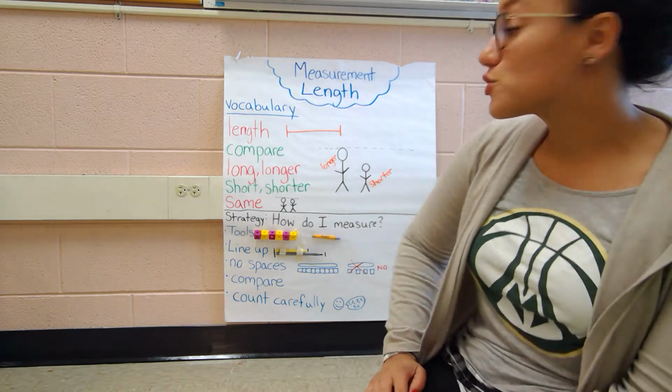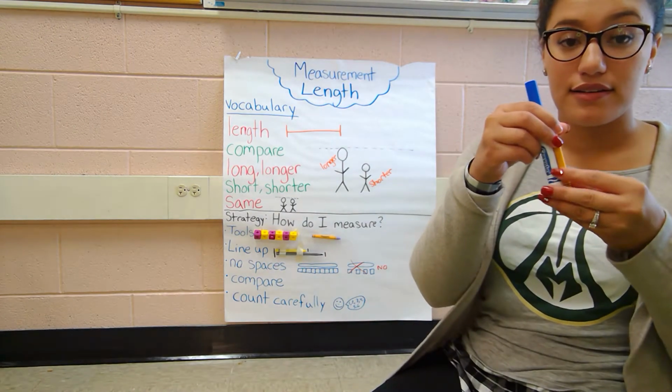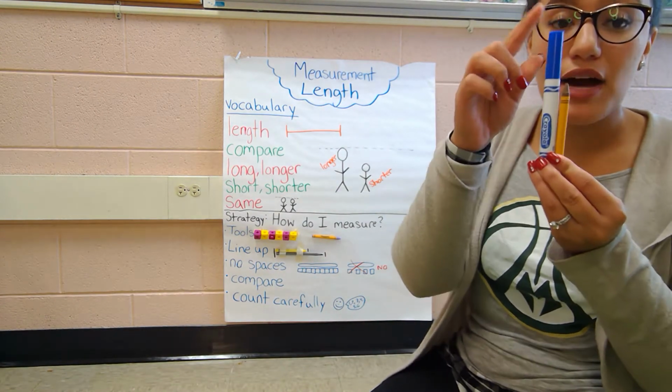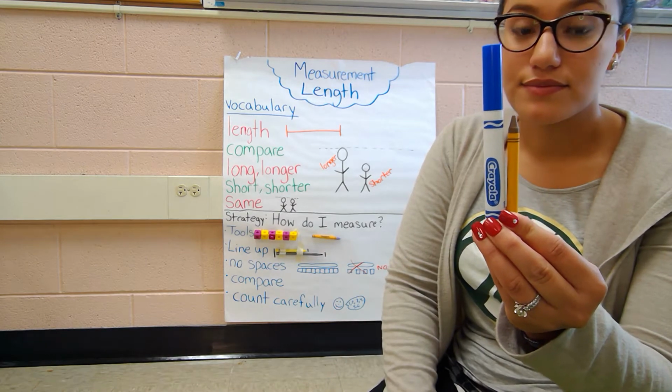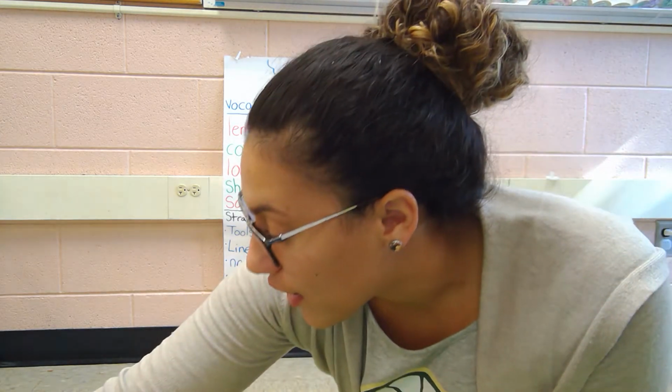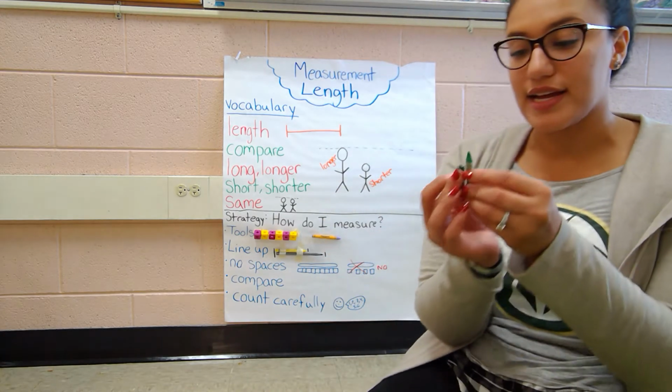We also will use words such as long, longer. So I have my crayon is long. My marker is longer. Or I could say short or shorter. So I have a broken crayon, two broken crayons.